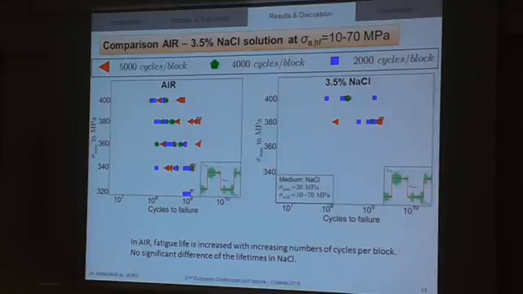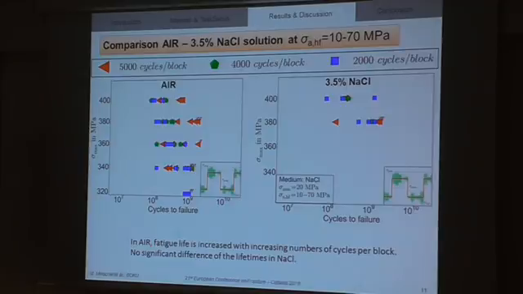Now to the results. For the random signal from 10 to 70 megapascal, you can see on the left the results in air and on the right in salt water. In red with 5000 cycles, green with 4000 cycles, and the blue one with 2000 cycles.